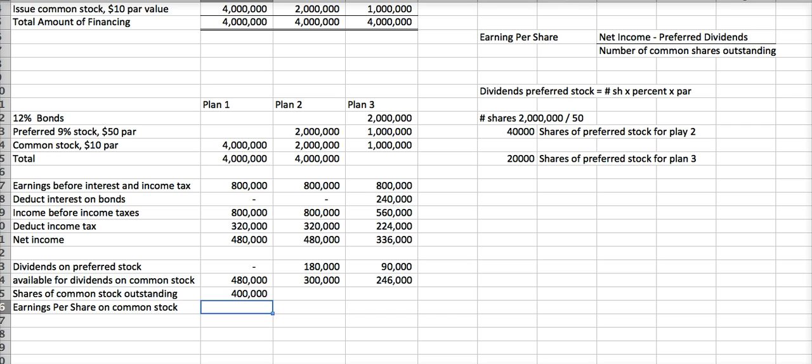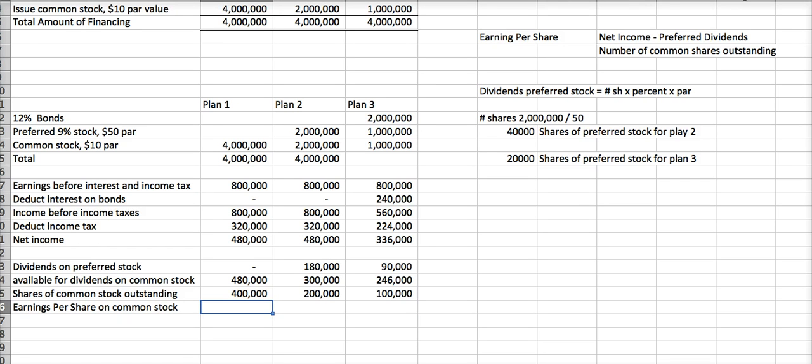That's going to tell me my number of shares. Here I'll say 2 million divided by 10. That's going to tell me that I have 200,000 shares. And here I'll say 1 million divided by 10. And that's going to tell me that I have 100,000.